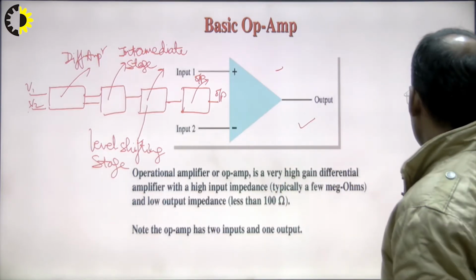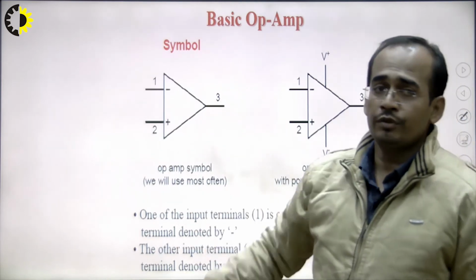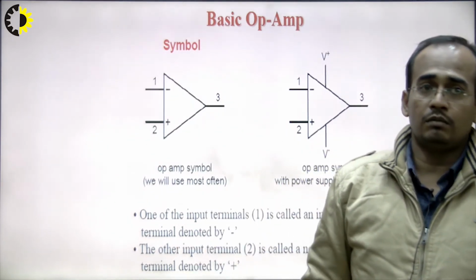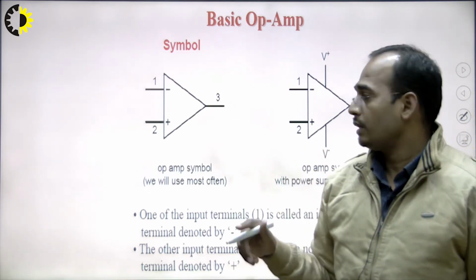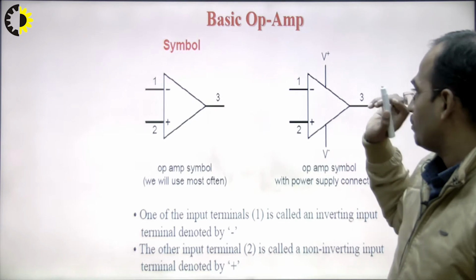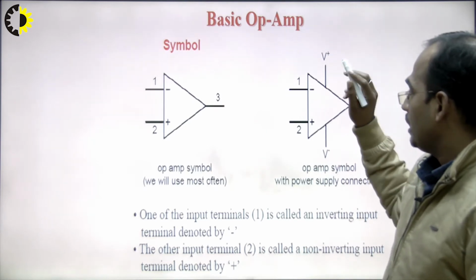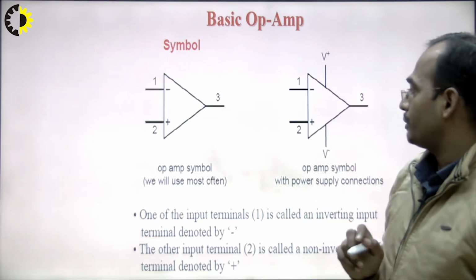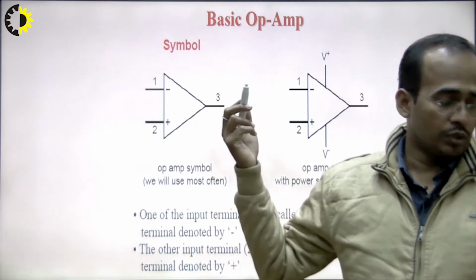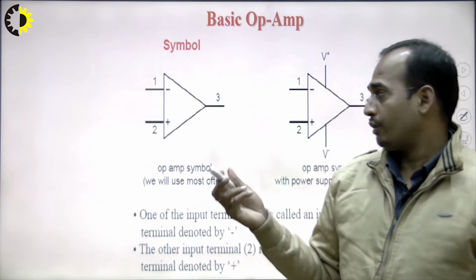So what is the symbol used for this operational amplifier? Basically it contains 8 terminals if I talk about the integrated circuit or IC of the operational amplifier. We use 2 terminals for input and 1 terminal for output.